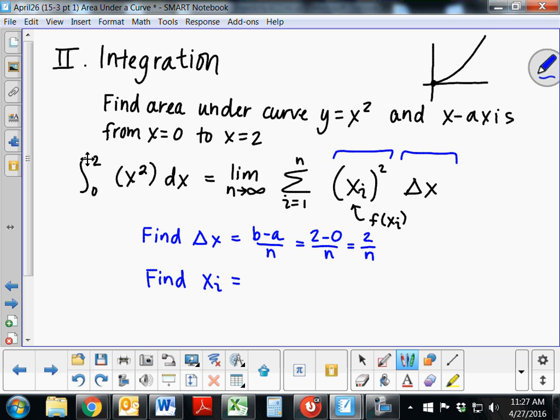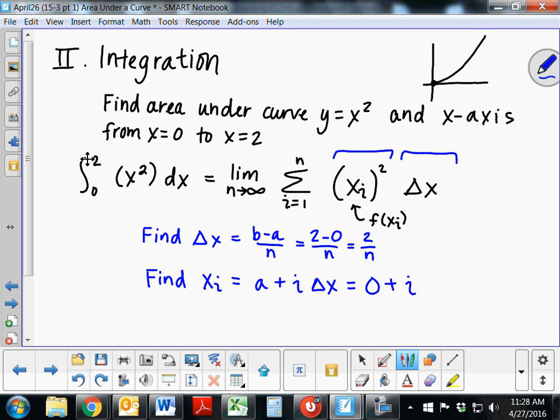So in terms of our math, I'd start at the beginning, which is a, and I'd add on how many delta x's I have moved. I start in this problem at 0, and I add on i delta x's.